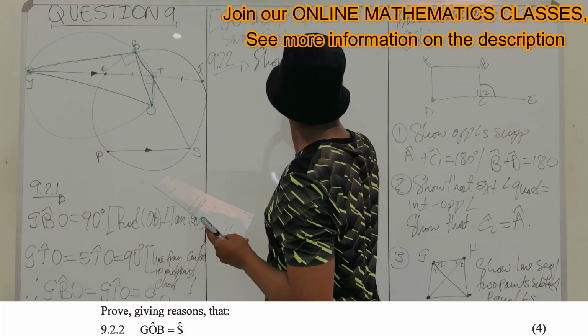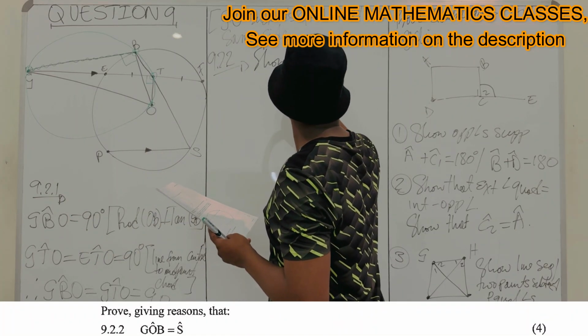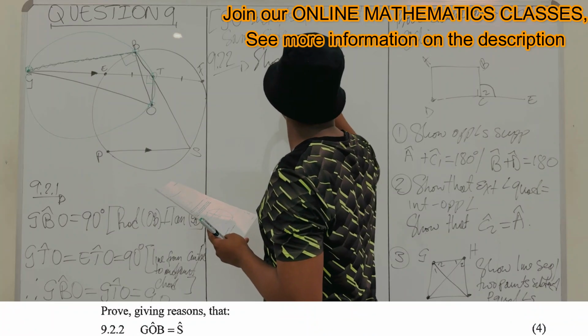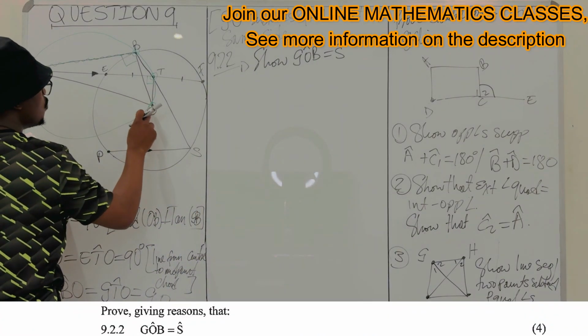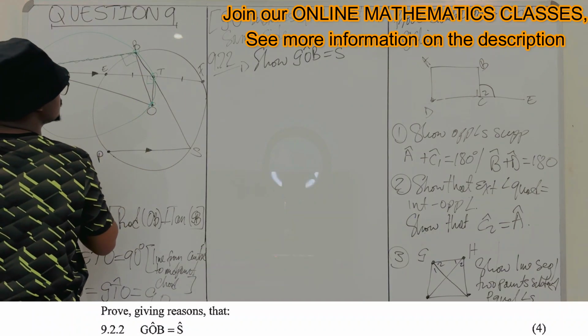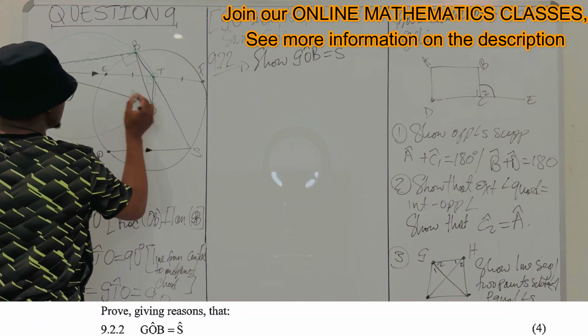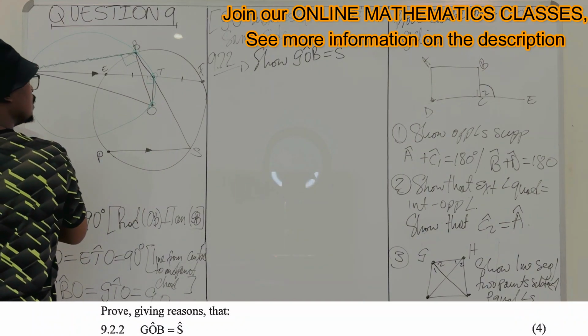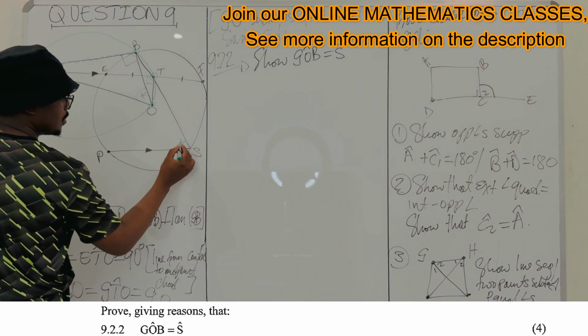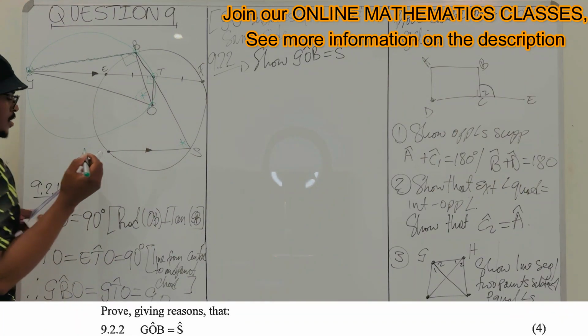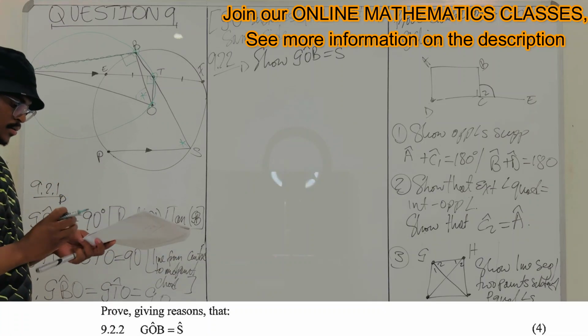Where is this O? This O is between GO and OB, which is this angle here. They're saying this angle over here is equal to this angle over here. They want us to show that these two angles are equal.